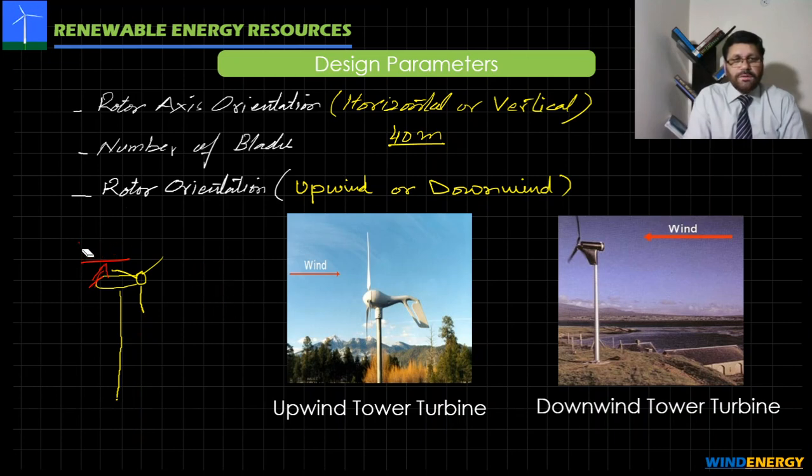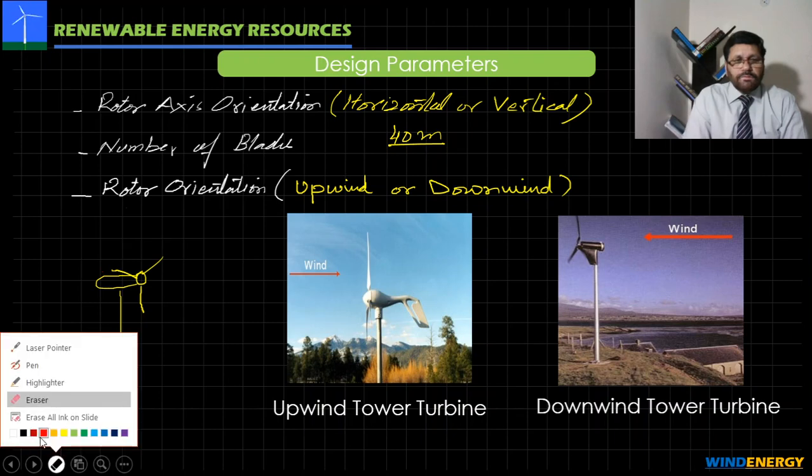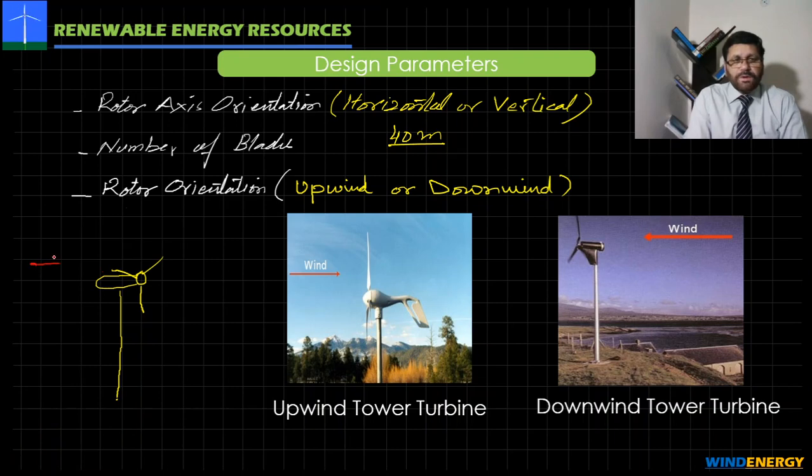And if you are designing a wind turbine like this, where the wind is coming from behind, now the rotor is facing to the opposite side, so this is downwind wind turbine. Now this is the advantage.